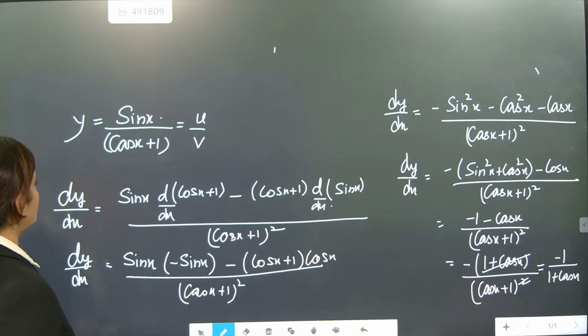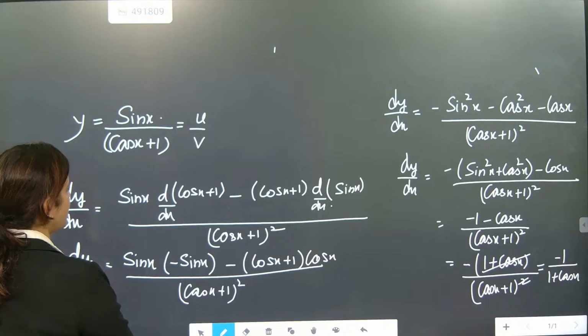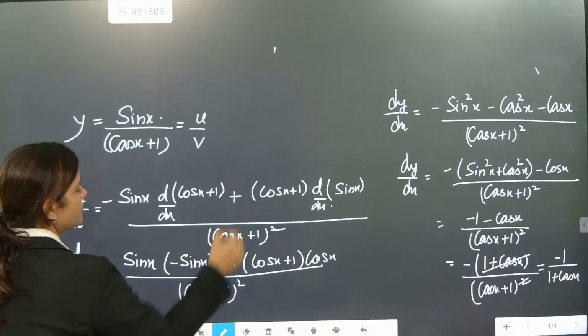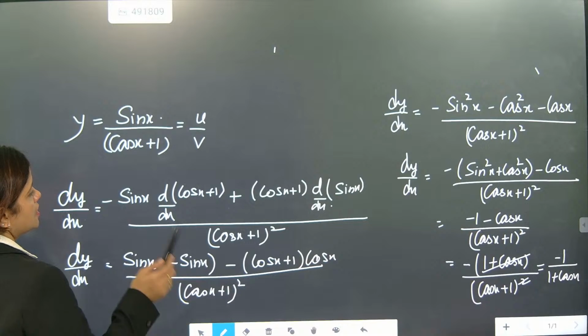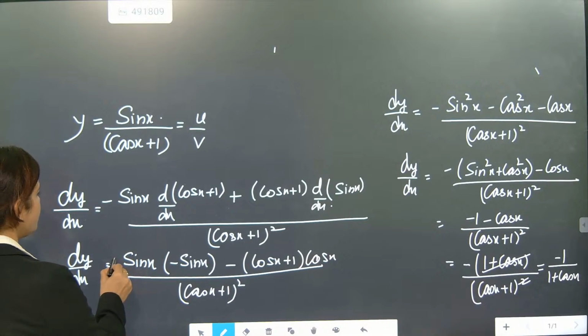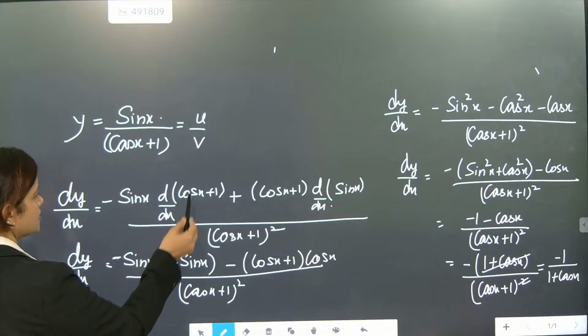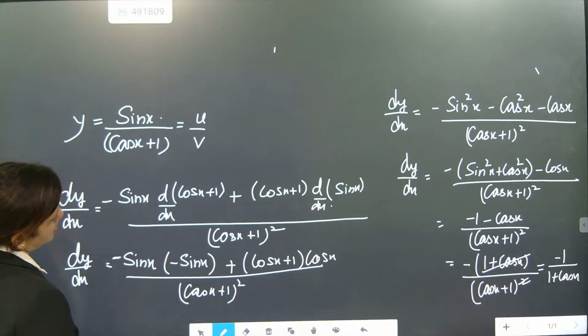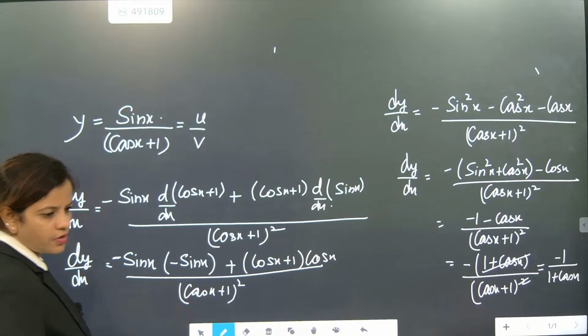Okay, I made a mistake. I wrote this now, B. So it will become minus and this one will become plus. Okay, then here it will become minus. This part differentiation will be minus and this part differentiation will be plus. Okay, check this one out.